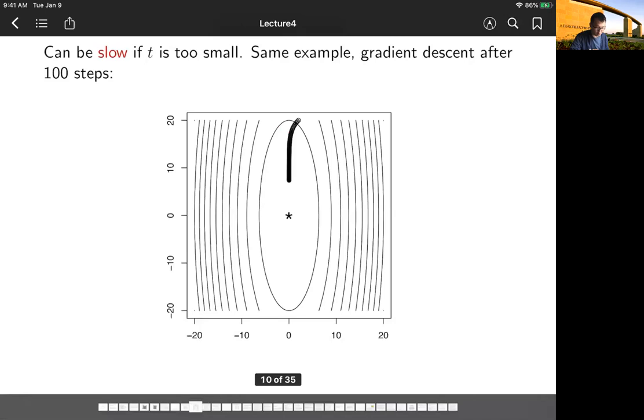If we take t to be something that's very small and run that for 100 steps, we can see that it is making progress towards the optimal solution, but it gets extremely small. So it may take another 1,000 steps before it makes substantial progress towards getting to the optimal solution.